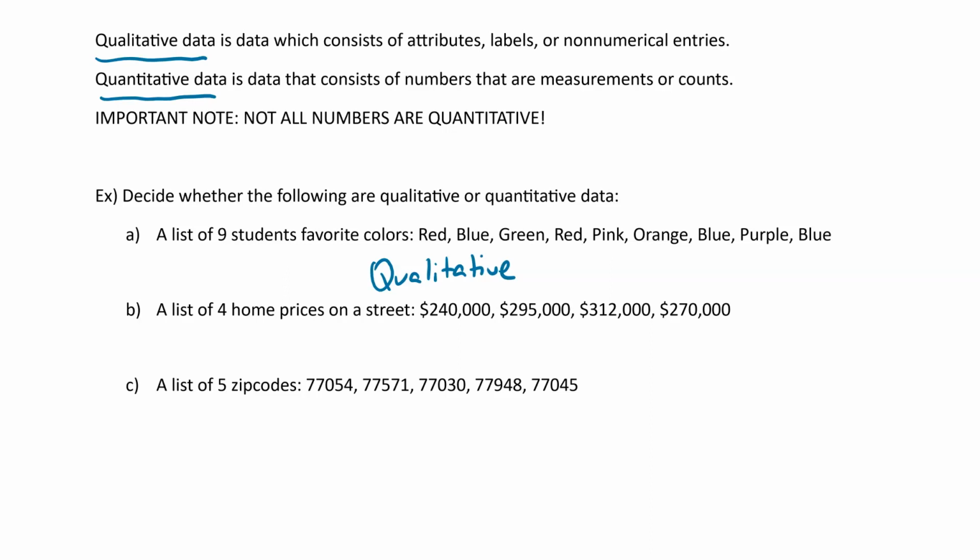For part B, a list of 4 home prices on a street: 240,000, 295,000, 312,000, 270,000. In this case, you actually can do math with those. I could find the average home price on that street, for example. So since we can actually do math with these numbers, these are quantitative.